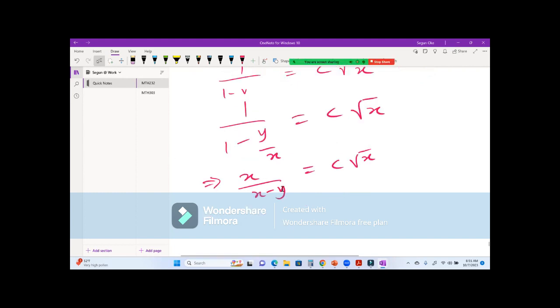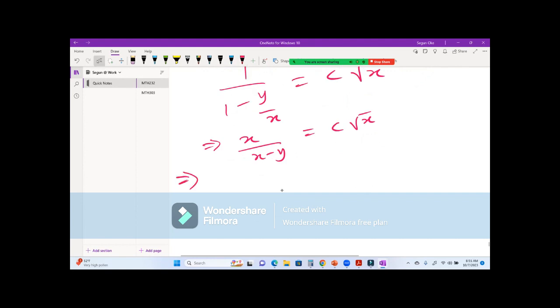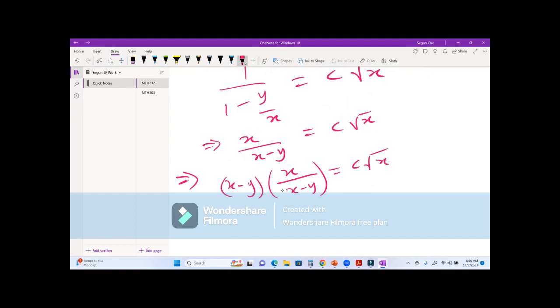It's the same thing as if you multiply both sides by what? X minus Y. So this will go with this.